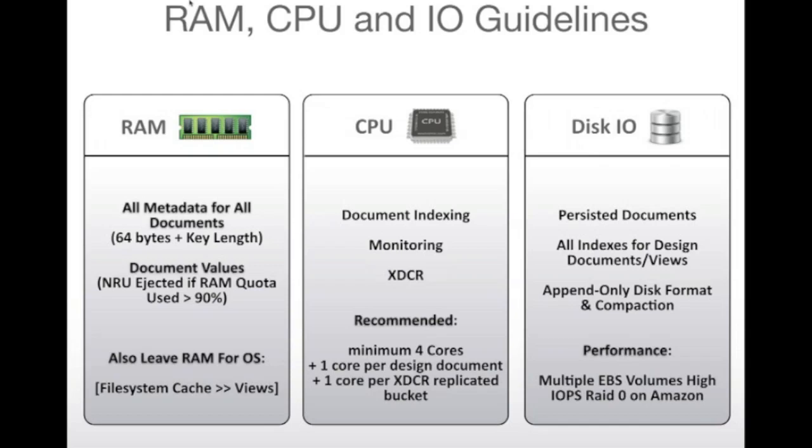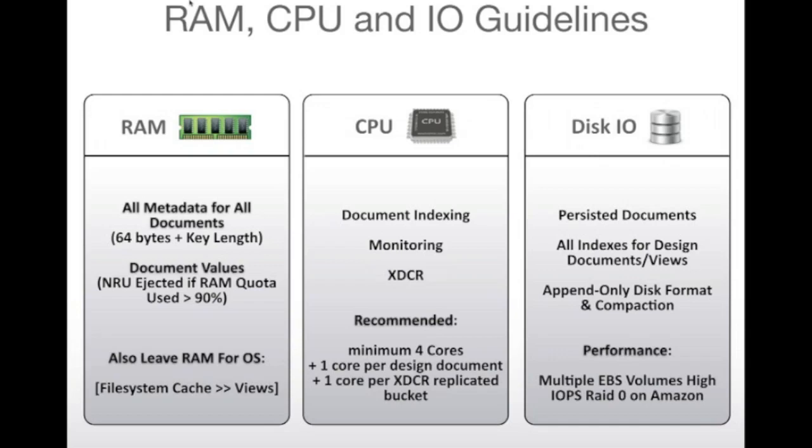We have some minimum recommendations of having 4 cores and then 1 core per design document. That's basically per indexer for secondary indexes, and 1 core extra for each bucket that's going to be replicated through cross data center replication.